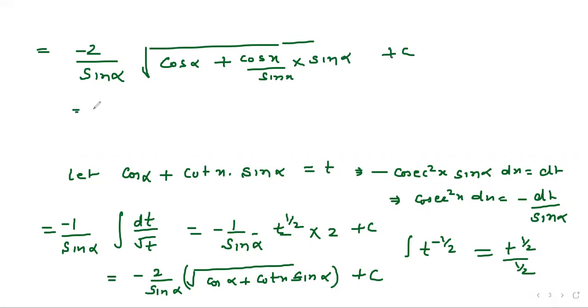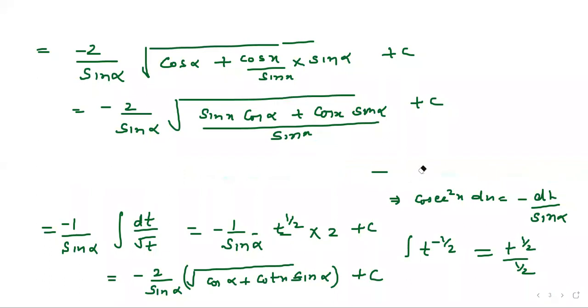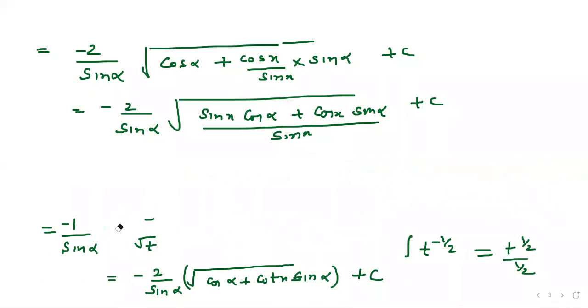If we take LCM, it will be minus 2 upon sine alpha and root of sine x cos alpha plus cos x sine alpha divided by sine x, plus c. Further, we can apply the formula sine a plus b in the numerator.